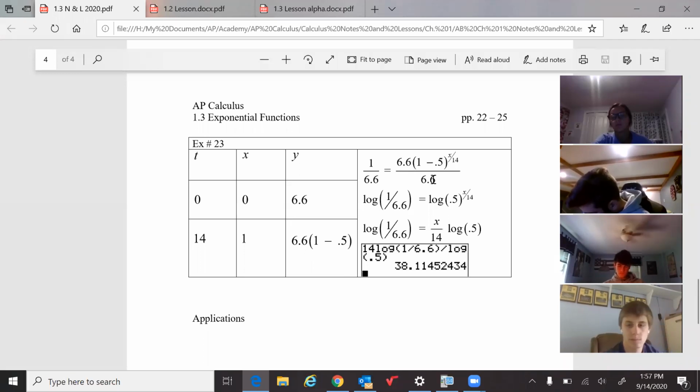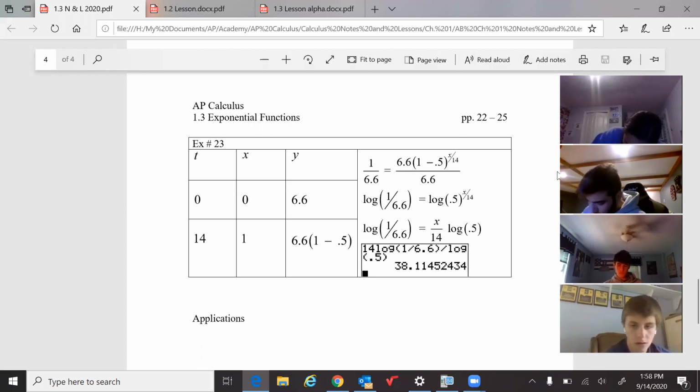We're dividing both sides by 6 6/10, and you end up here. You get x. Now I used common log in this problem. If you use natural log, you're going to get the same answer. It would take until the 39th day. The units are in days, so on the 39th day, you would go down to 1 unit of this.